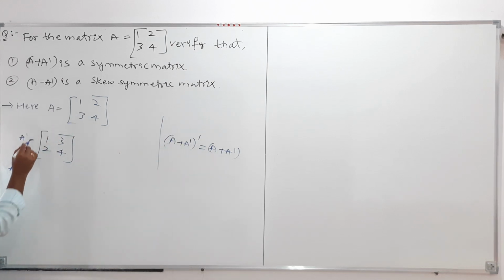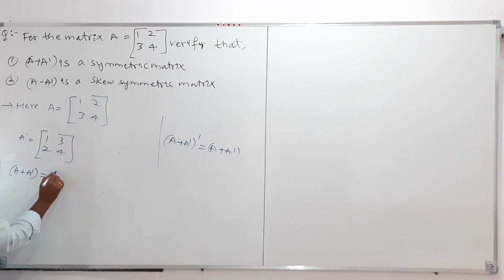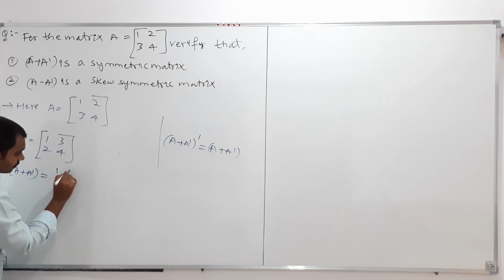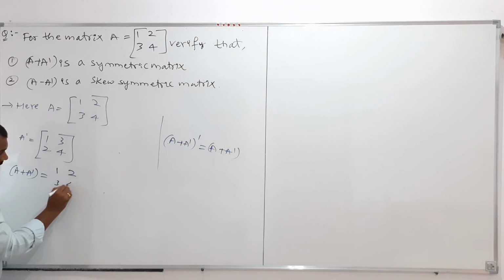So therefore, A plus A transpose. First I will find out the A transpose. Clear? So what is A, my dear students? A is 1 2 3 4.